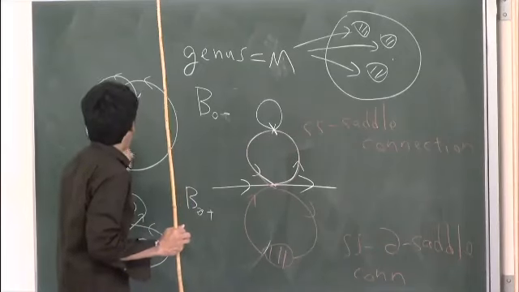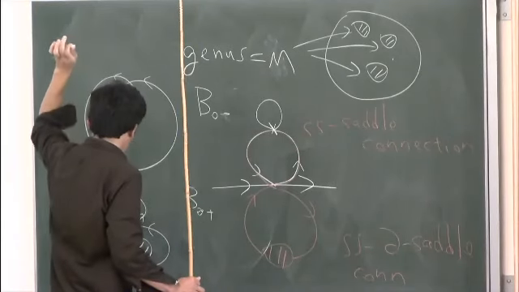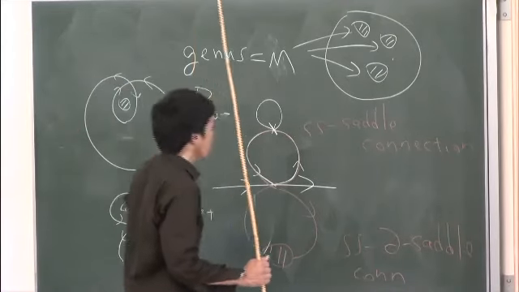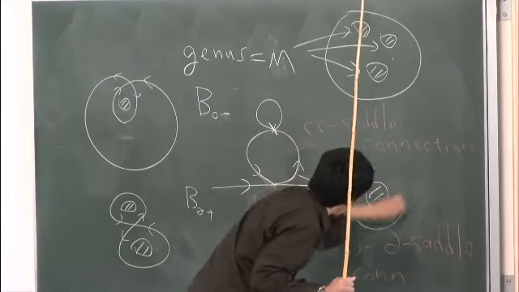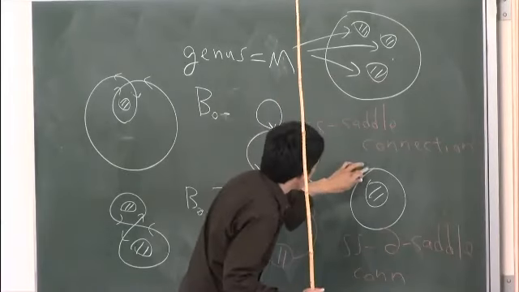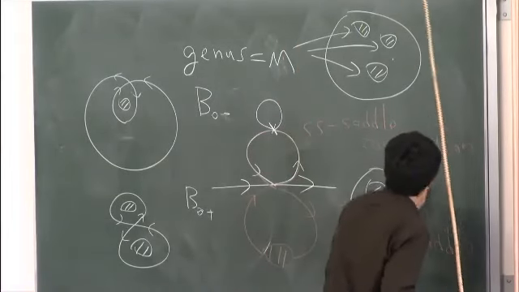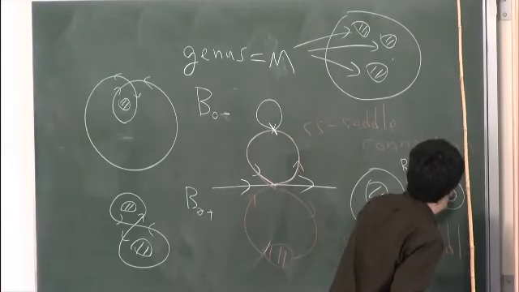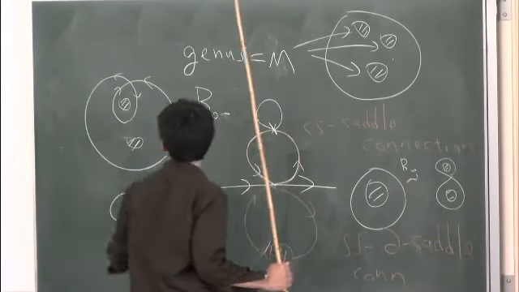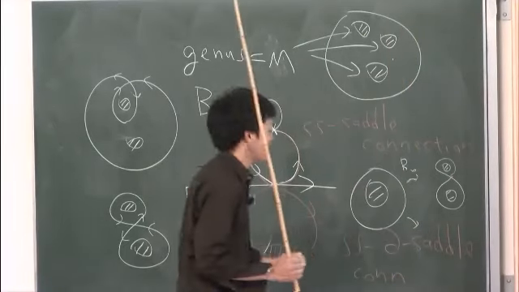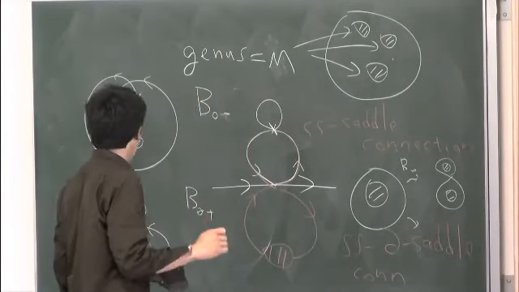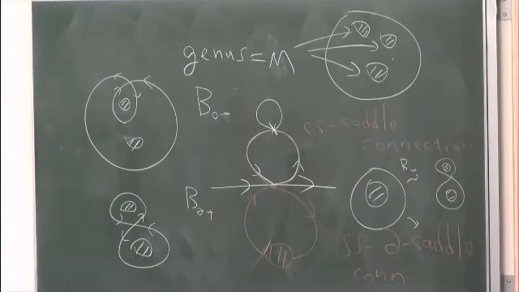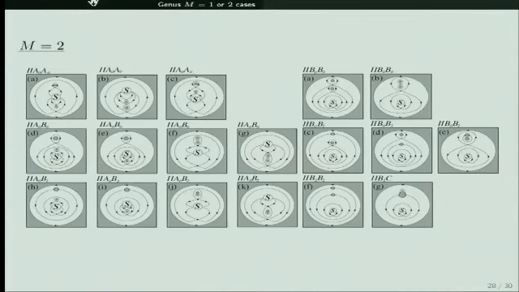No. Because first we consider the closed orbit, and if we apply to the B0, we can obtain this. Sorry, I missed drawing that. That's correct. And anyway, we can get this diagram.